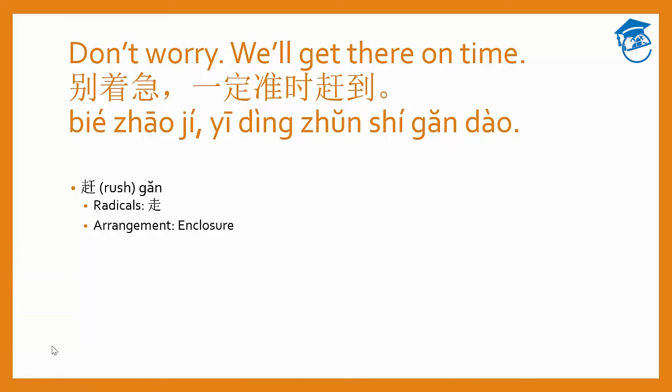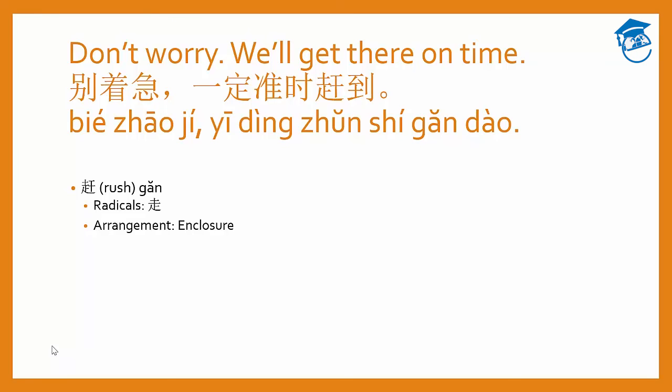So let's look at how to decipher this. So 一定, it means confirm, we can be sure of something. Okay? 准时, in direct translation, it means accurate time, but it actually means on time.